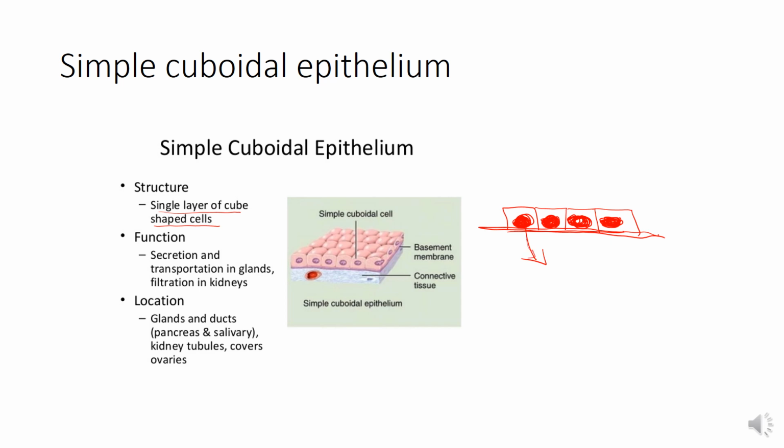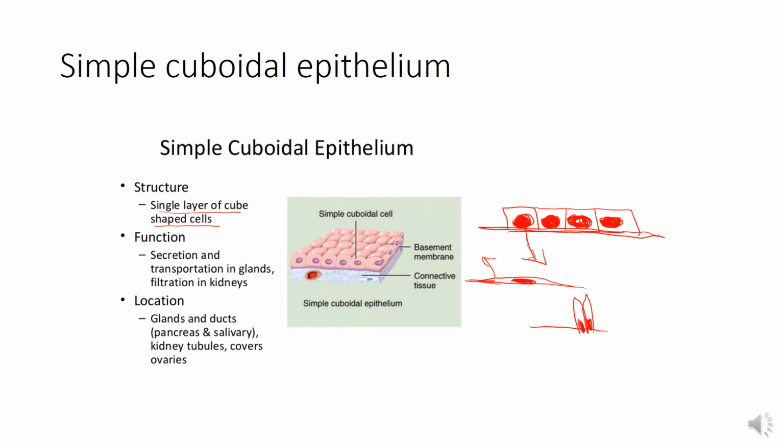In cuboidal cells, the nucleus is spherical and central, while in squamous cells the nuclei are flat like this, and in columnar cells the nuclei lie in the lower part and are oval. This is how you recognize the cell, because the cell boundaries are not distinct at times.